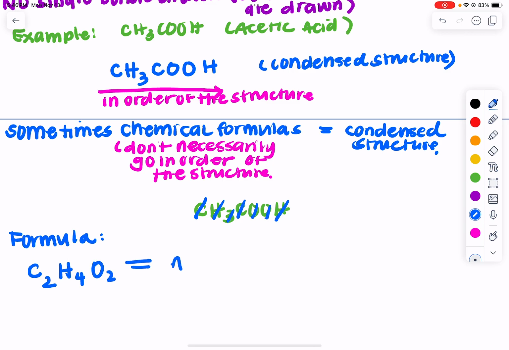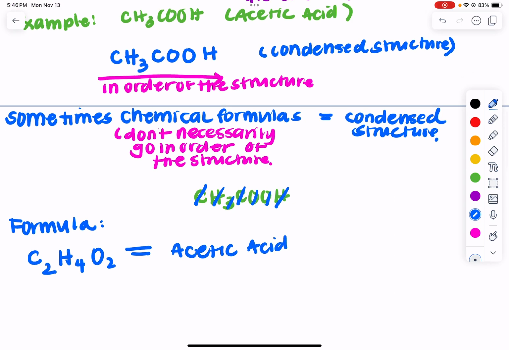This is also acetic acid because the chemical formula is just telling us the elements that are in there. You know, you could have done C2H4O2. They're the same thing.